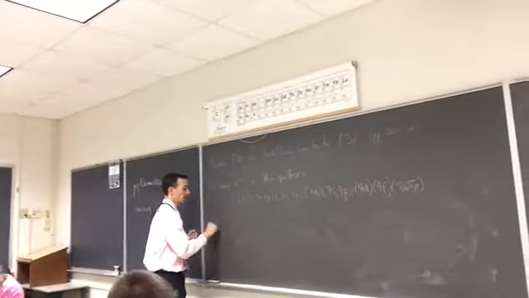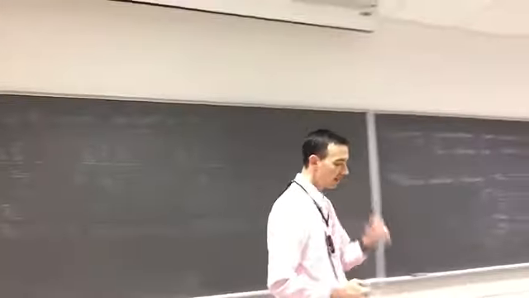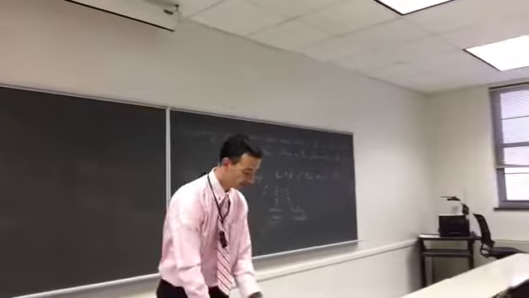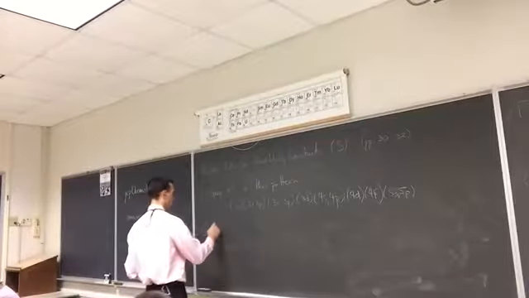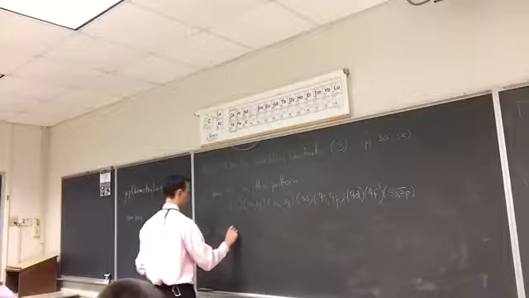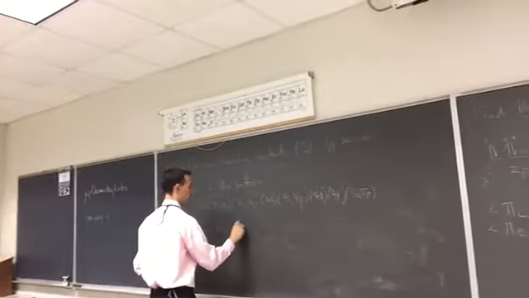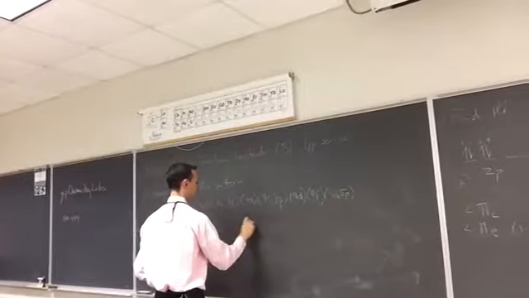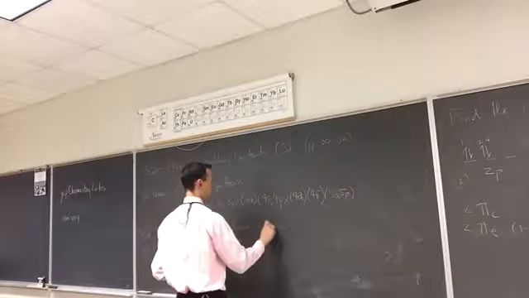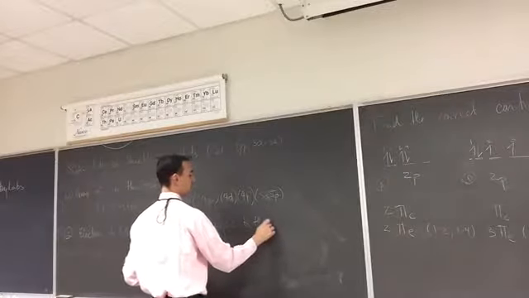Now, to develop the shielding constant, here comes our set of rules. The first rule is pretty simple. Electrons to the right do not shield any electrons to their left.